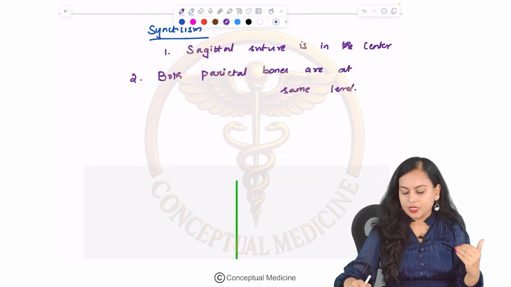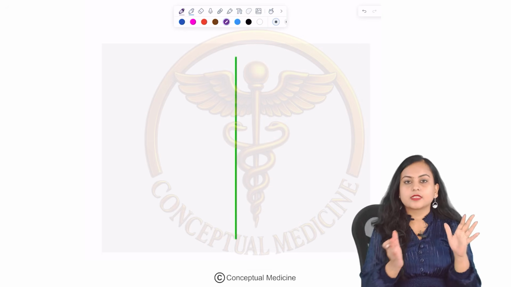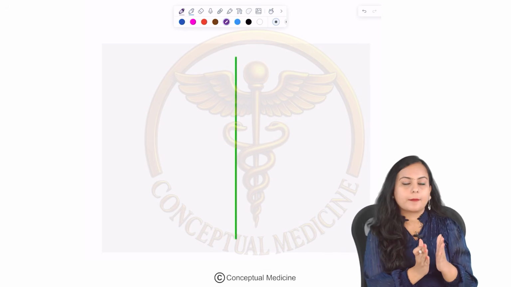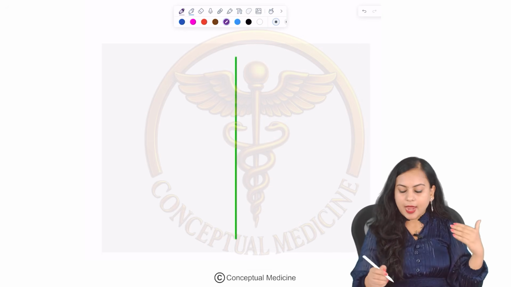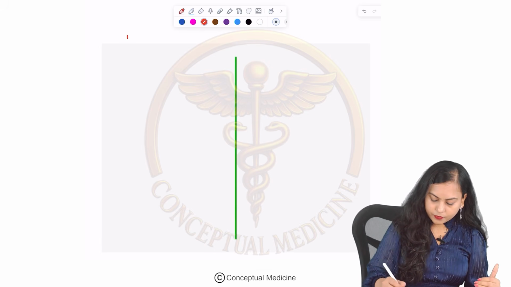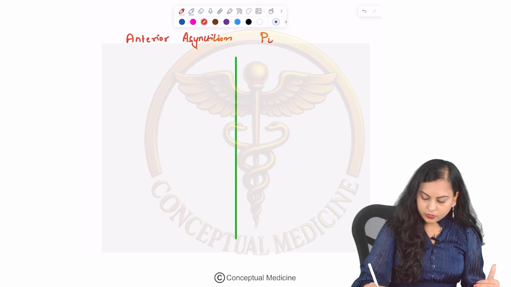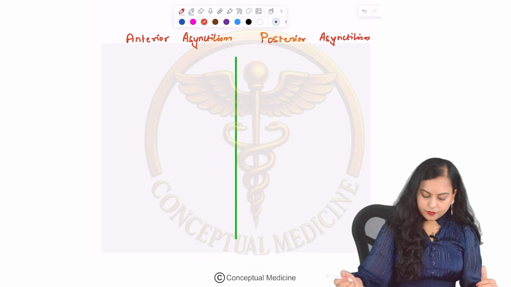This is synclitism. And when we talk about asynclitism, whenever these 2 points are not happening, then it is called asynclitism. And we have 2 types of asynclitism. One is your anterior asynclitism, and the next one is your posterior asynclitism.